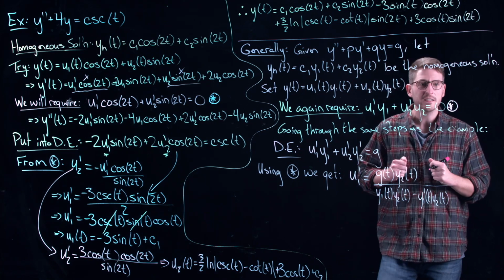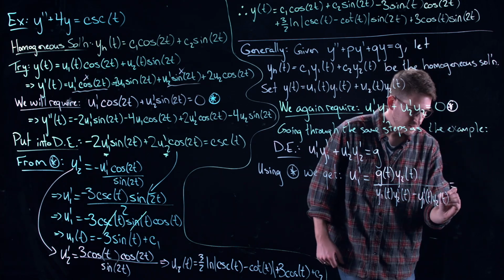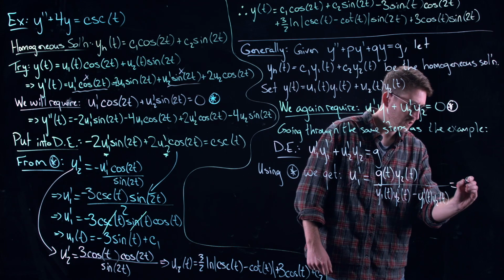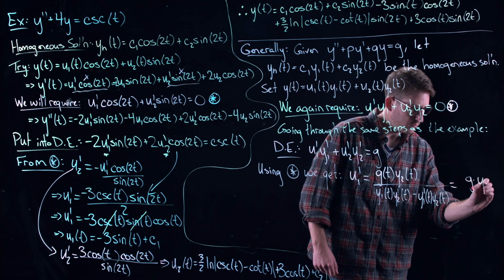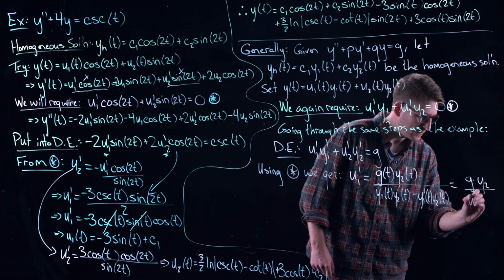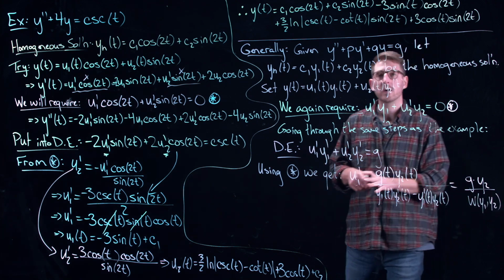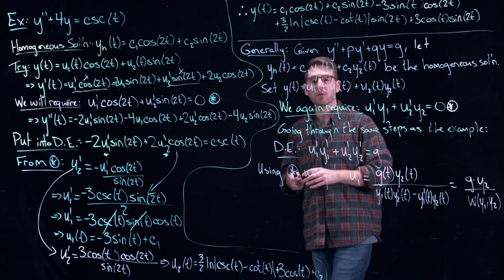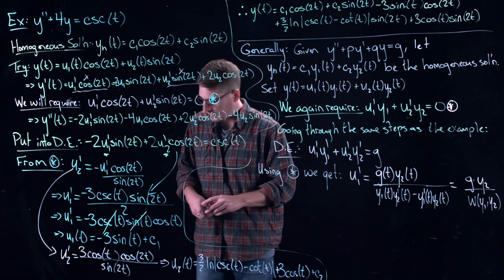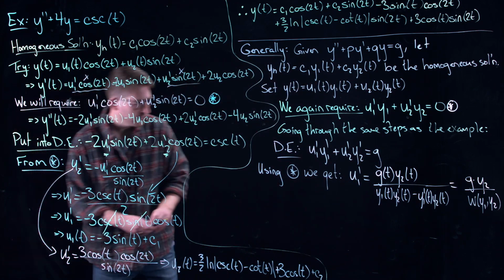That's exactly the Wronskian. So this is actually going to be g times y2 divided by the Wronskian of y1 and y2. So we have a nice little compact way of writing that because now we know what the Wronskian is.